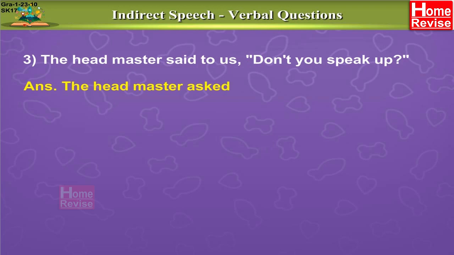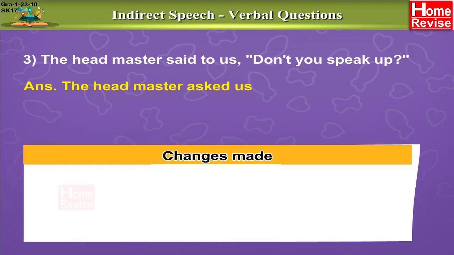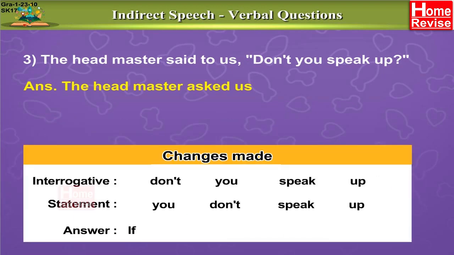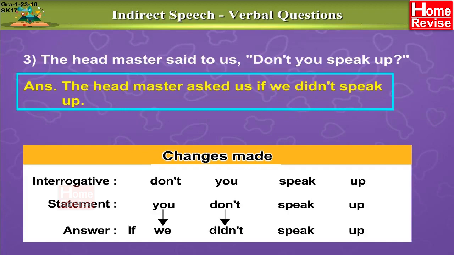The headmaster asked us. Replace those inverted commas with the conjunction if or whether. The pronoun you has changed to we. Don't has become didn't. The headmaster asked us if we didn't speak up. Full stop.